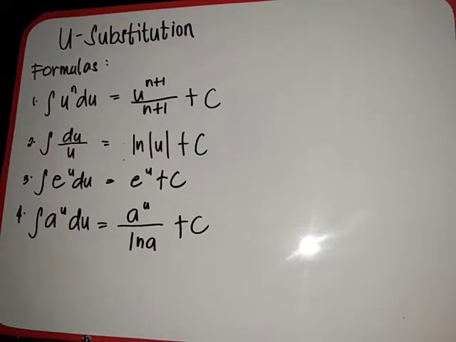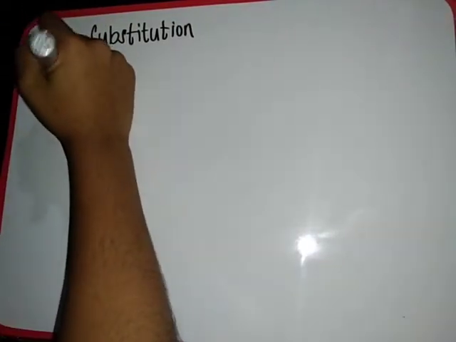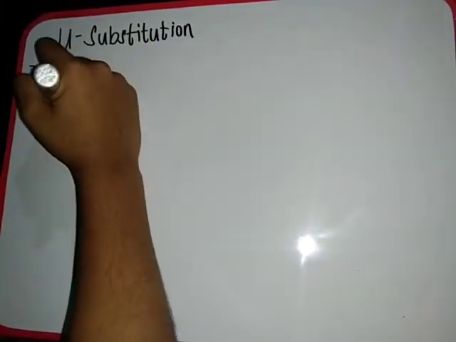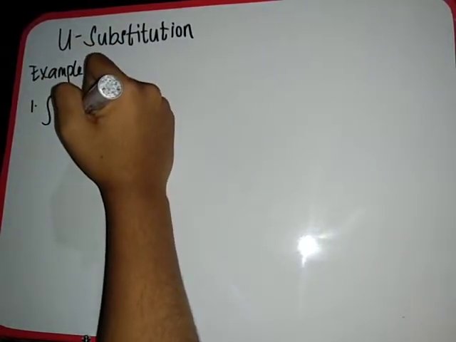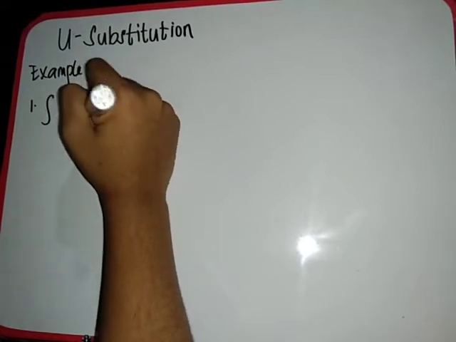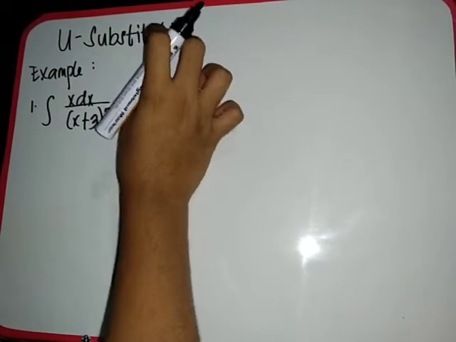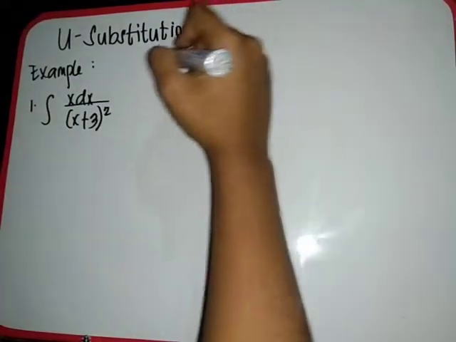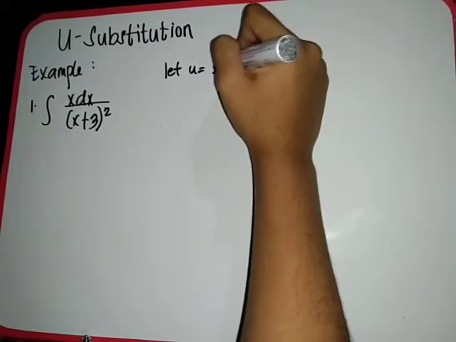So next we are going to have an example. Example number 1 is the integral of x dx over (x squared plus 3) squared. So let u equal x squared plus 3.